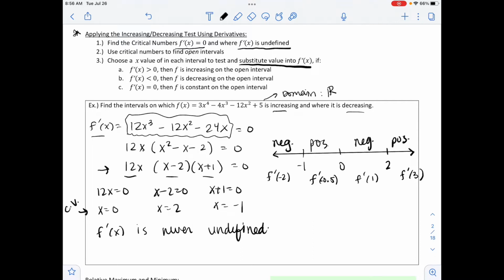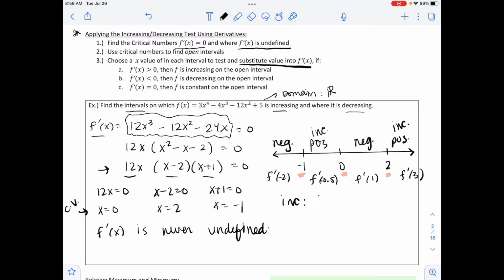So it was asking for the intervals, which again, remember for intervals, we're always using our x values. And those x values that you're going to be using are going to be these critical values that we had, which was negative 1, 0, and 2. And so the first thing is, let's write down where it is increasing. And so increasing would be where it's positive. So these are where it's increasing.